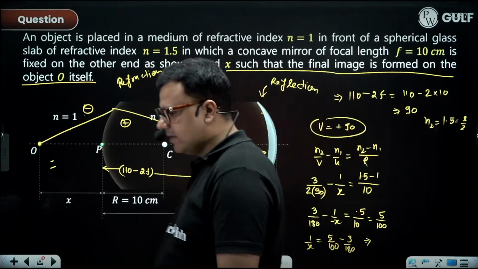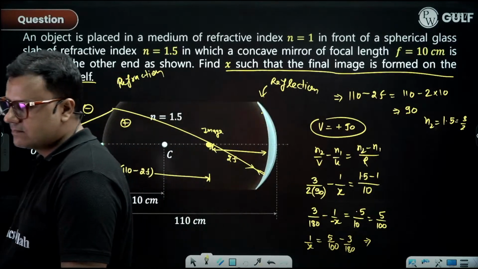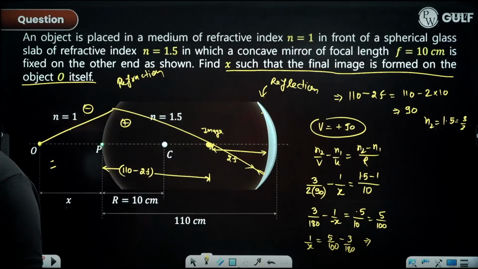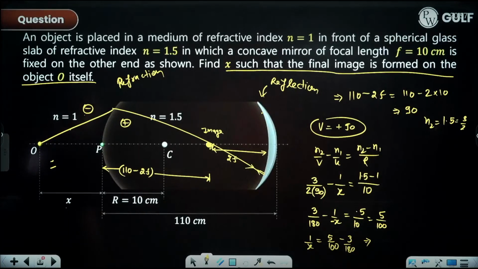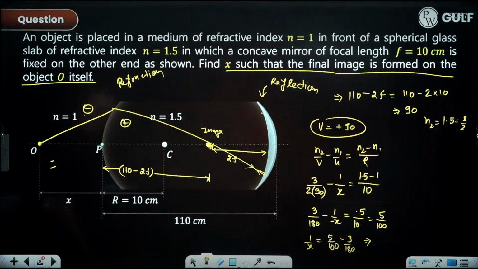What will be the LCM? 1800 or 60? 18 or 5.